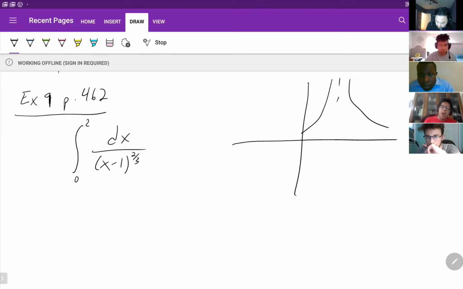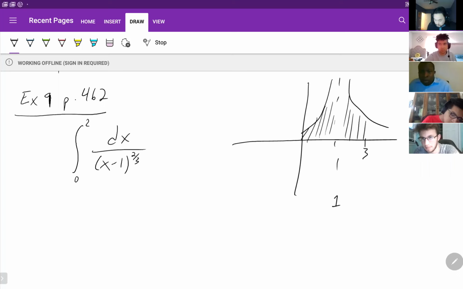Sorry, I didn't see the 2/3, my fault, but that's what the graph looks like. And the question is asking us to integrate from 0 to 2.